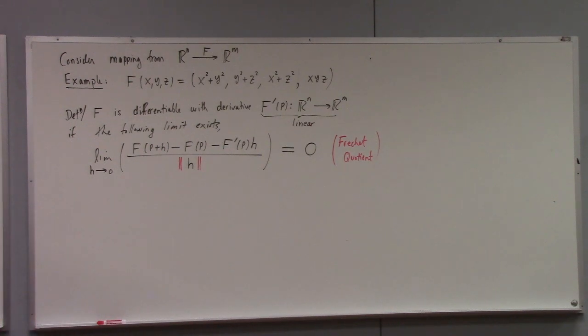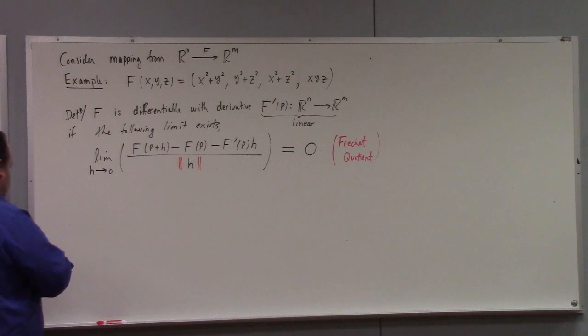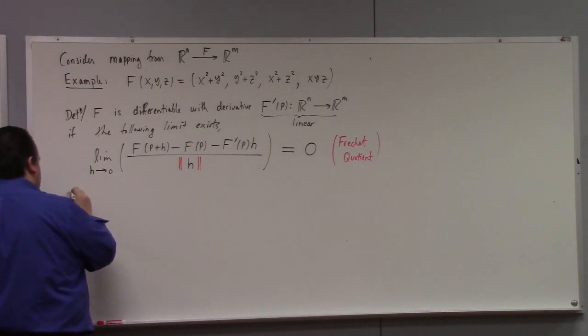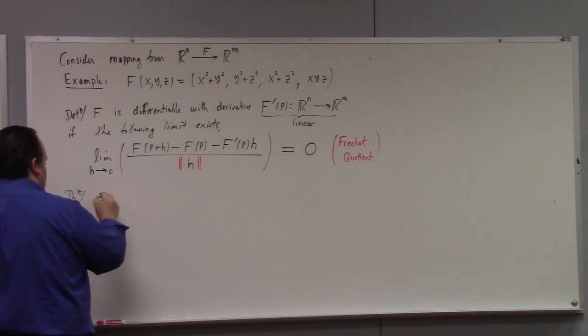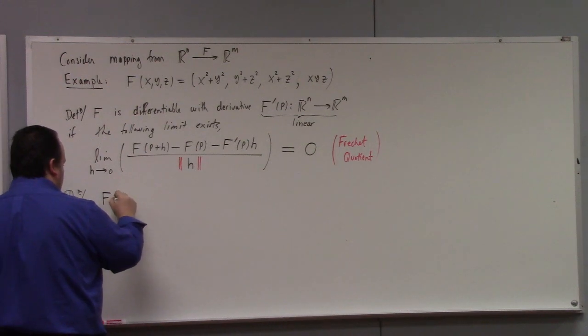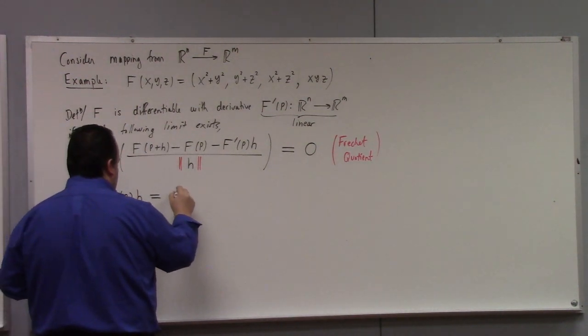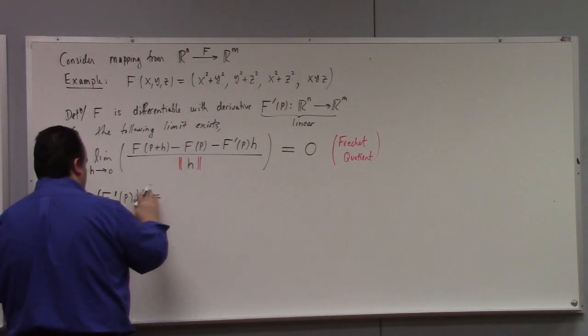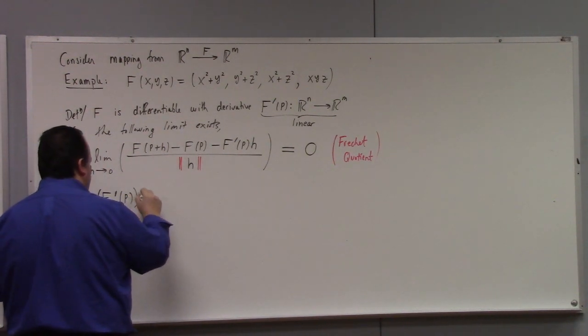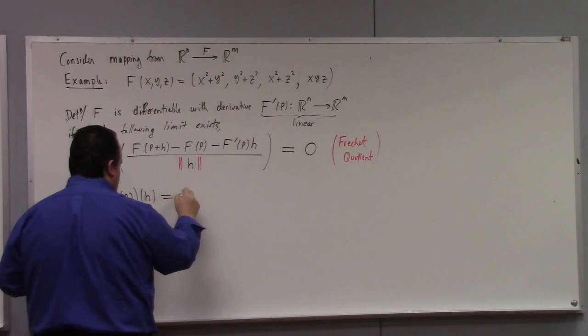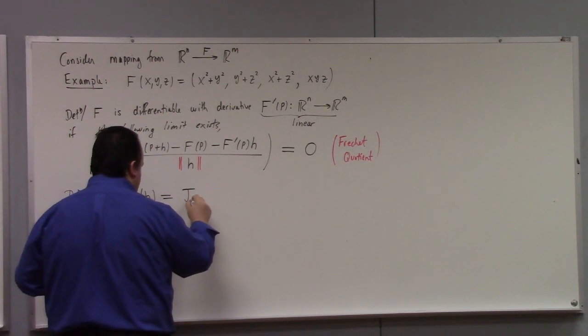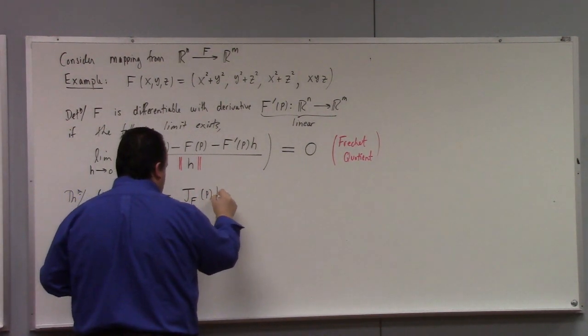When F is differentiable and this derivative exists, the derivative is a linear map, right? So, theorem: F prime of p is a linear transformation. When we put h into it, we get what's called J sub F of p multiplying h.